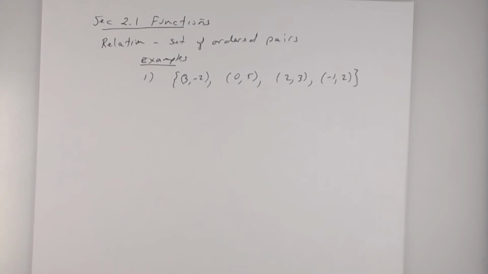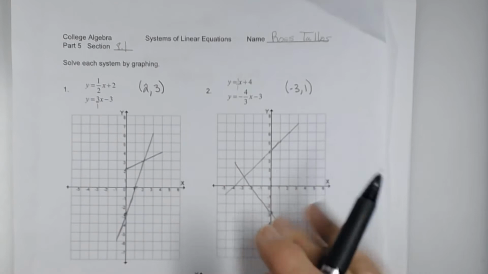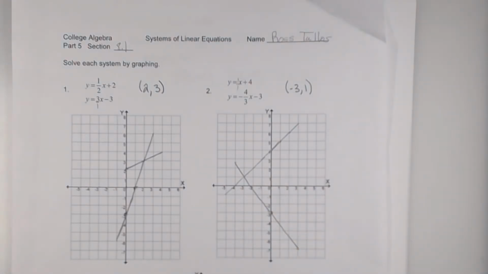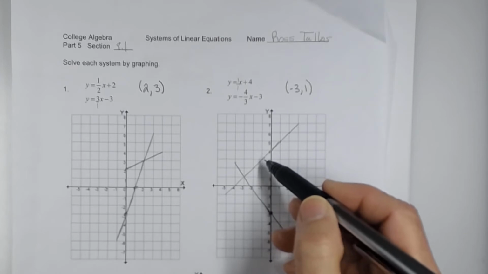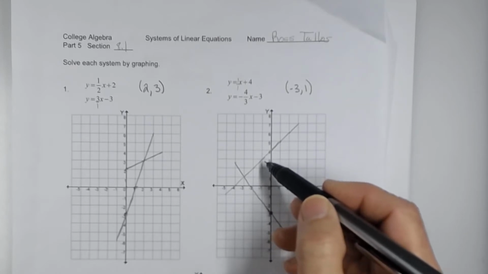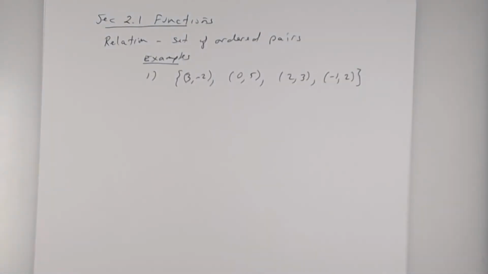There were 2 ordered pairs on that line. So if I take this one right here that someone did, although the person forgot to do an arrow, but that's fine. You're telling me there are only 2 points on this line? No. How many ordered pairs are on this line? An infinite number. Okay. An infinite number of ordered pairs are on that line.